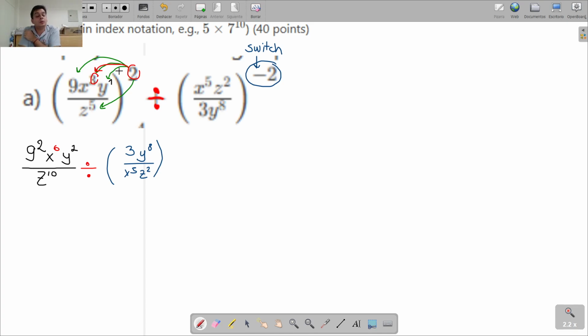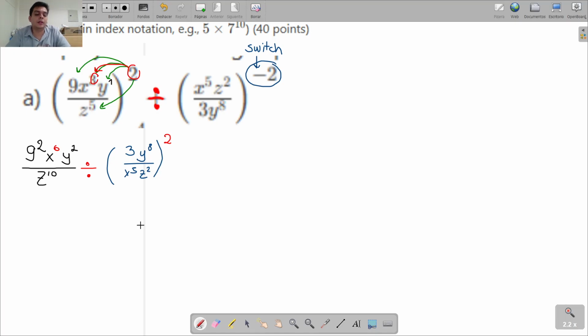Now, when you switch the places, the negative exponent is not going to be negative anymore. This exponent will be positive. That was the thing we were looking for.